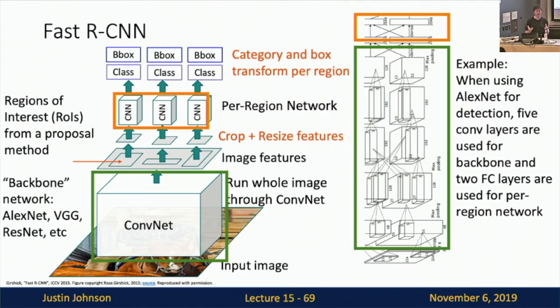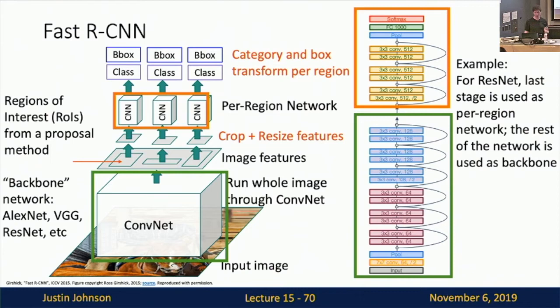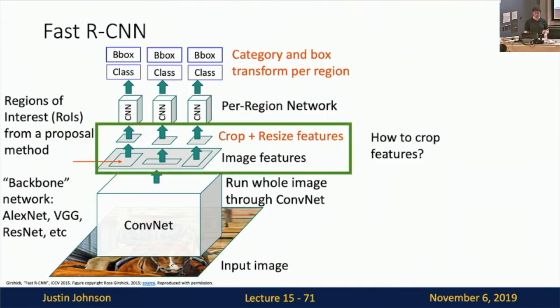These are relatively fast to compute, even if we need to run them for a large set of regions. And for something like residual networks, we'll take basically the last convolutional stage and run that as the per region network, and then we'll use all of the rest of the network as the backbone network. So we are saving computation here, because most of our computation is shared among all of our region proposals in the backbone network.